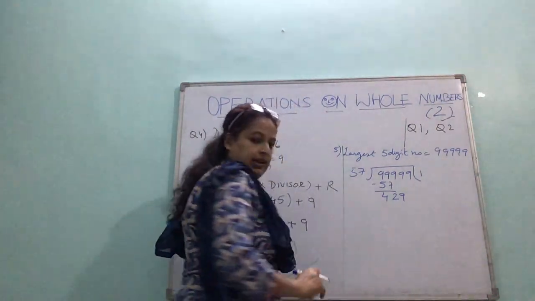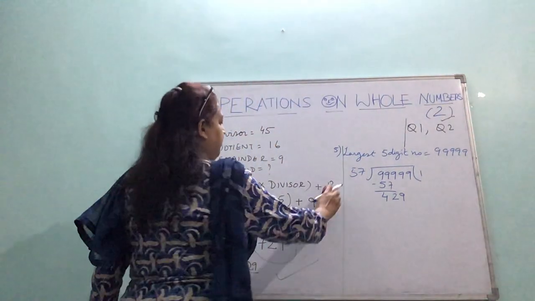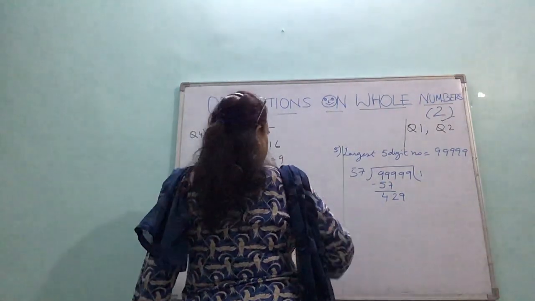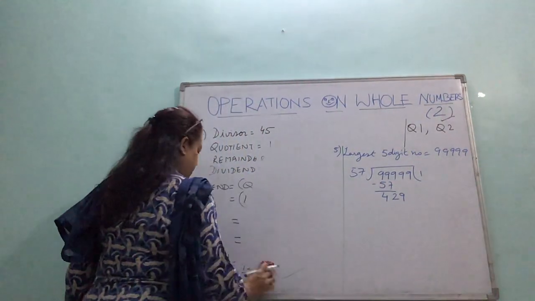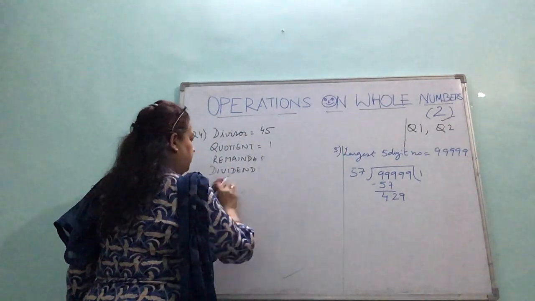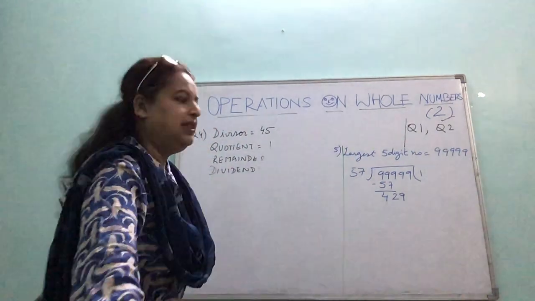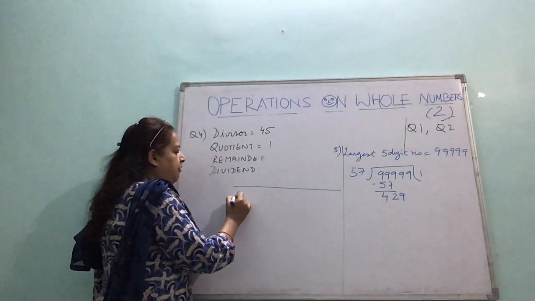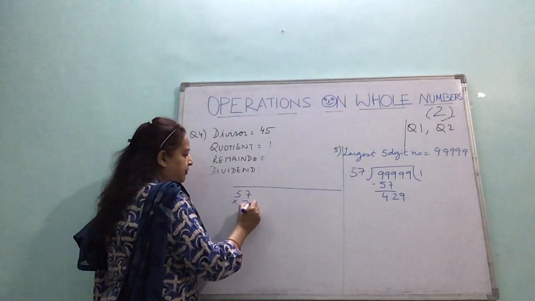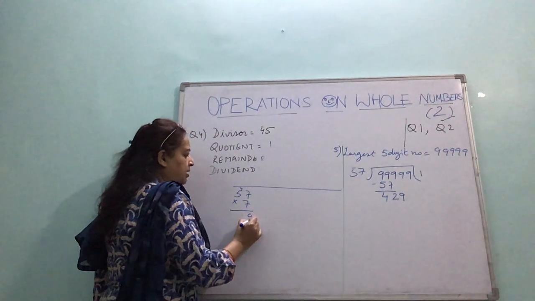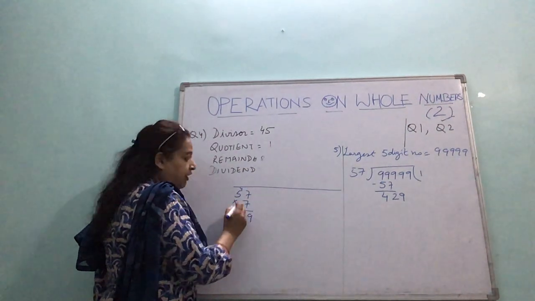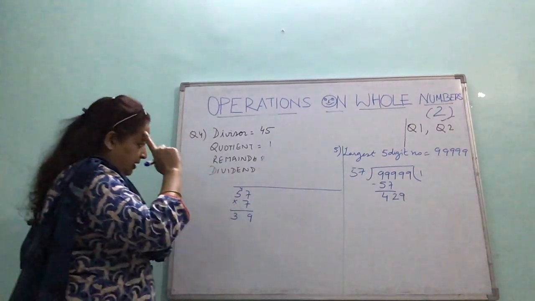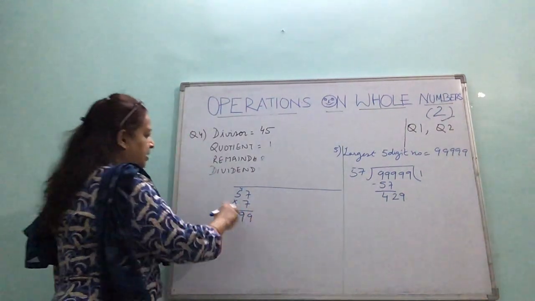I'll do the calculations here. Working column. I should have left space for that. Just imagine that that is the working column space, but I am doing it here, children. Sorry for that. 57 into 7. 4, 9, 35, 35 plus 4, 39. 49.